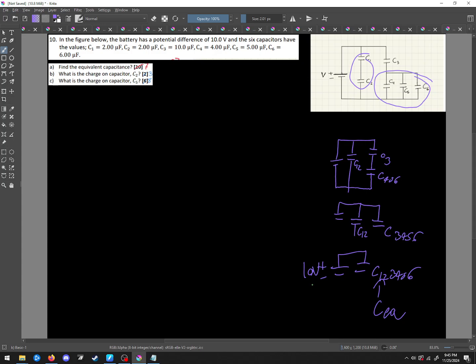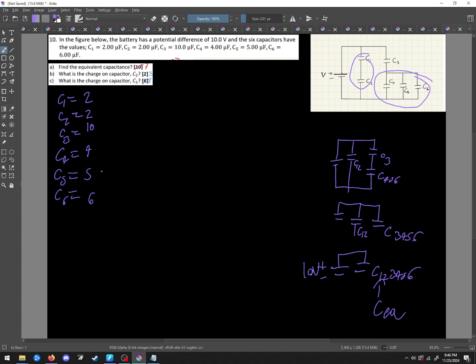So now we're asked to find the equivalent capacitance. Well, let's write down that C1 equals 2, C2 equals 2, C3 equals 10, C4 equals 4, C5 equals 5, and C6 equals 6.